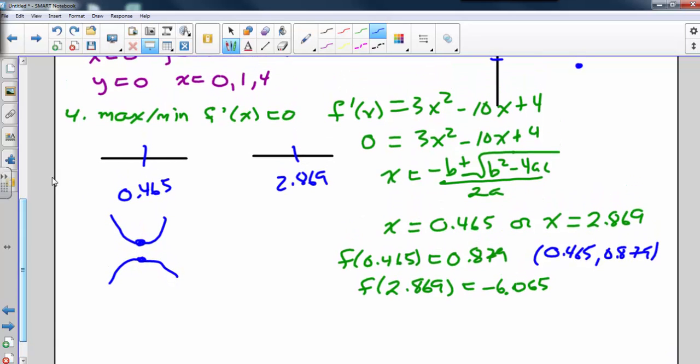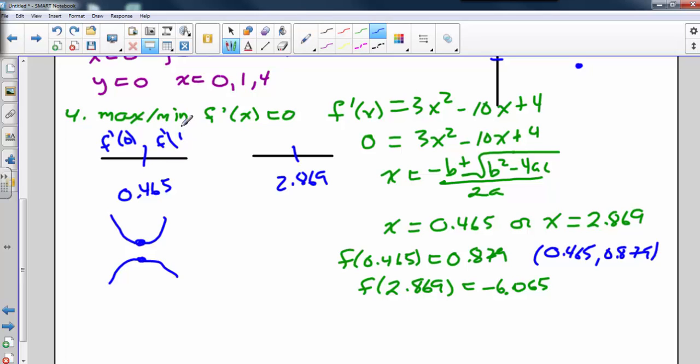And like all the testing we do, it should be pretty straightforward. I'm simply going to pick a number that's slightly smaller than this and slightly larger than this and determine what's happening at that point. And so two really nice numbers here, f prime at 0 and f prime at 1, because those are on either side of this point.